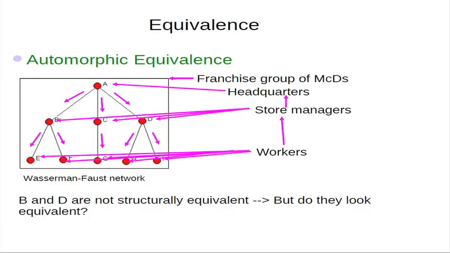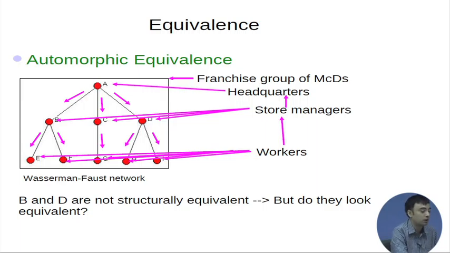Now, with this idea, we go back to the Wasserman-Faust example. So, now look at the slides. For this Wasserman-Faust graph, from the same graph we can define an automorphic equivalence. Let us motivate ourselves using an example. Imagine that this rectangular box represents the franchisee of McDonald's, one of the well-known eatery chains.